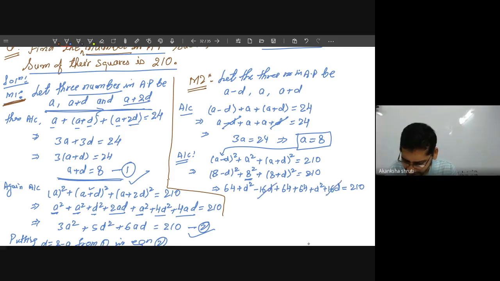How interesting is this? 64, 64, 64 have to be added, so this becomes 3 into 64. What is the other? d square and d square, plus 2d square is equals to 210.